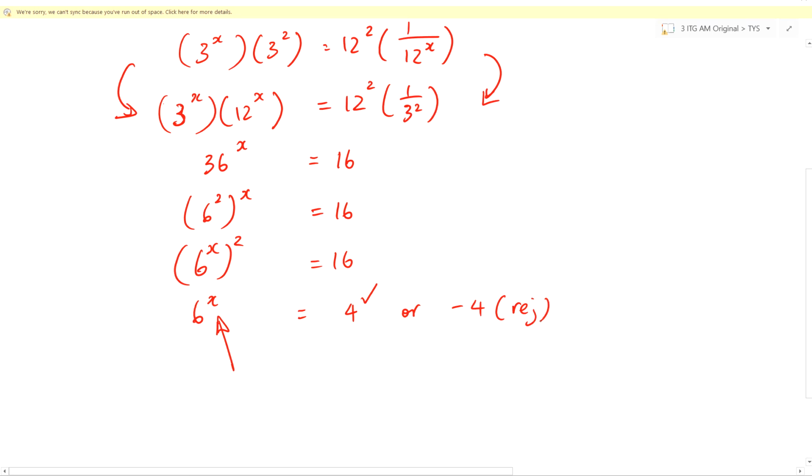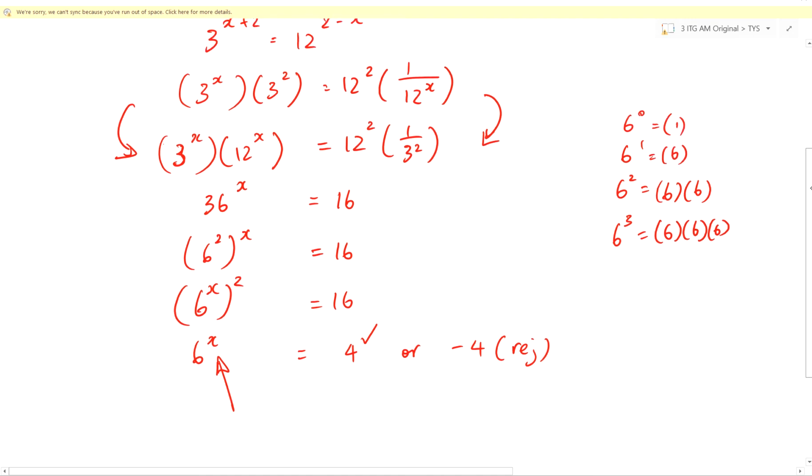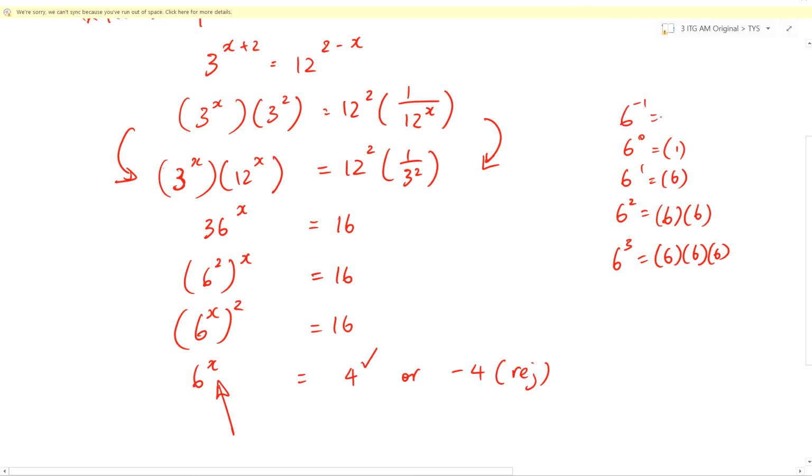Okay, because we can look at it from a pattern. For example, 6 power 3, that is 6 times 6 times 6. 6 power 2, 6 times 6. 6 power 1 is just 6. 6 power 0 is just 1. 6 power negative 1, 1 over 6. 6 power negative 2, 1 over 6 times 1 over 6.